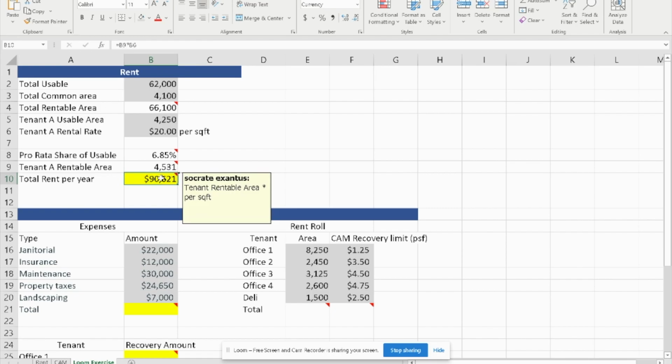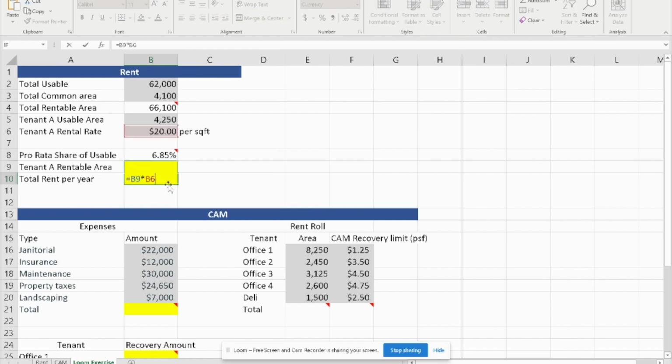And I left the formula here to calculate the total rent per year, which is simply the tenant A rentable area times the rental rate per square foot, which will give you $90,621 per year for this tenant.